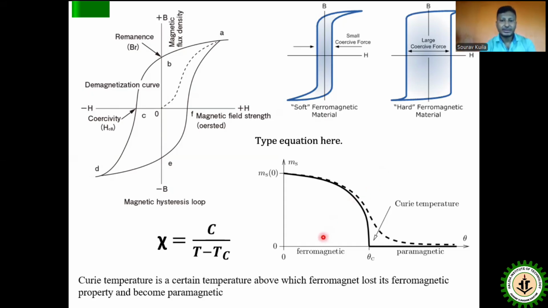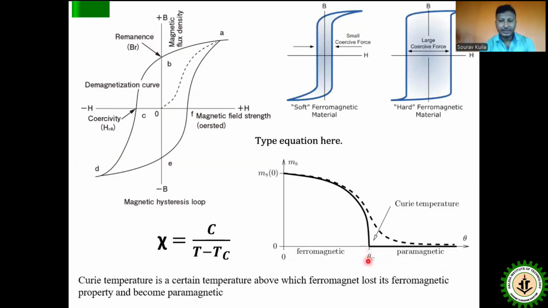In this graph, you can see that in a ferromagnetic material, if you increase the temperature on the x-axis, the magnetization decreases, and after a certain point it becomes paramagnetic. So it goes from ferromagnetic to paramagnetic after a certain temperature increment.